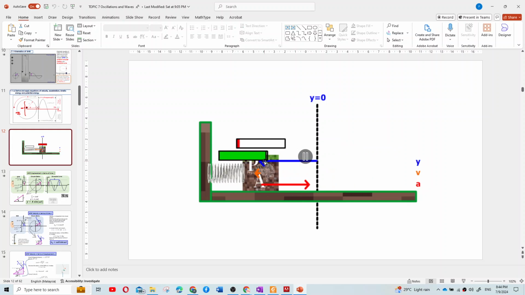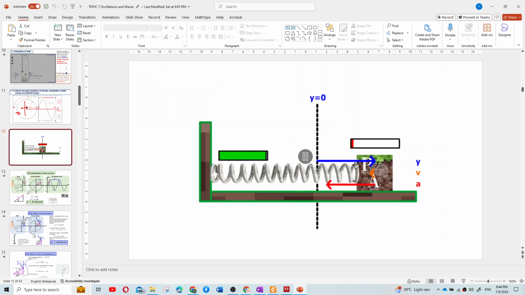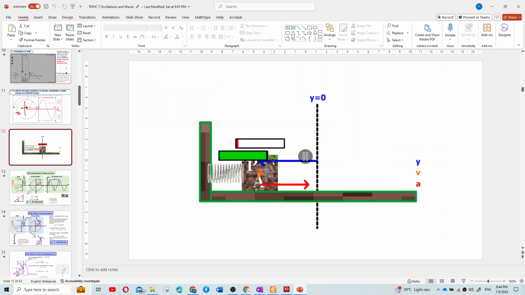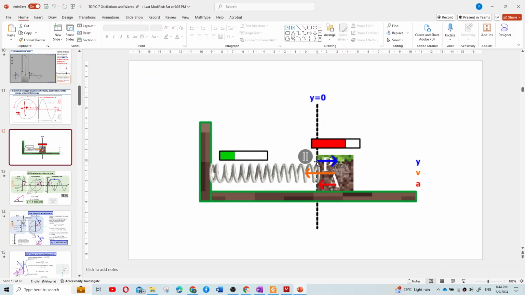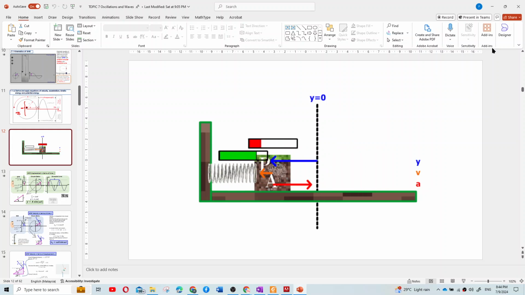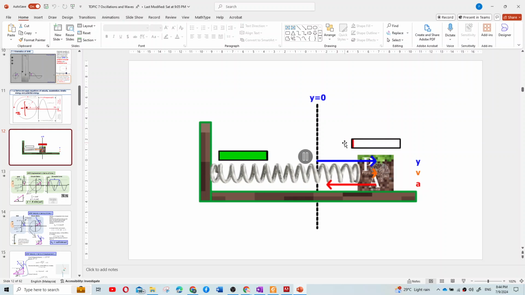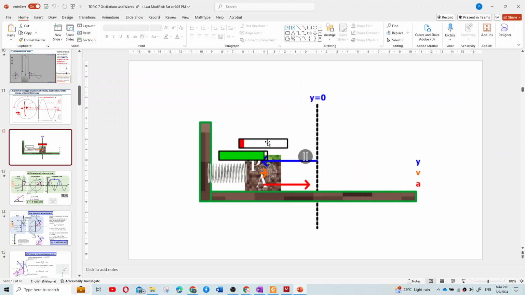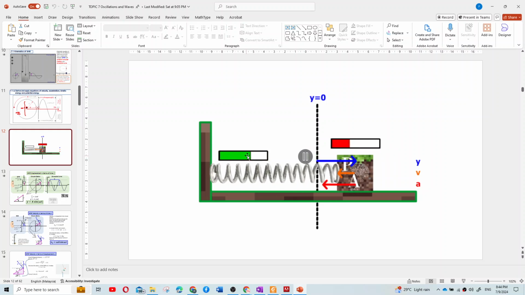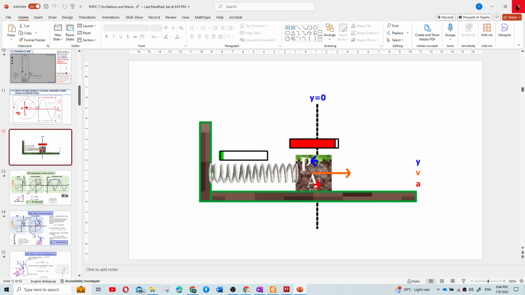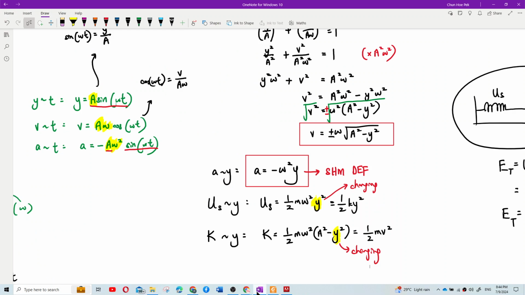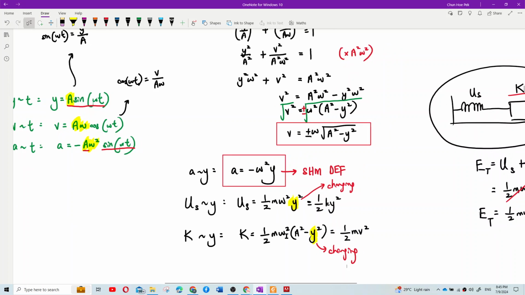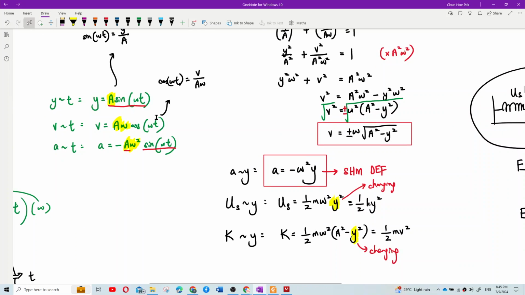See the blue line? The Y is always changing all the time. Y is not constant. So that's why the kinetic energy, the red bar, is always changing, and the green bar is always changing also. The displacement is always changing with time.